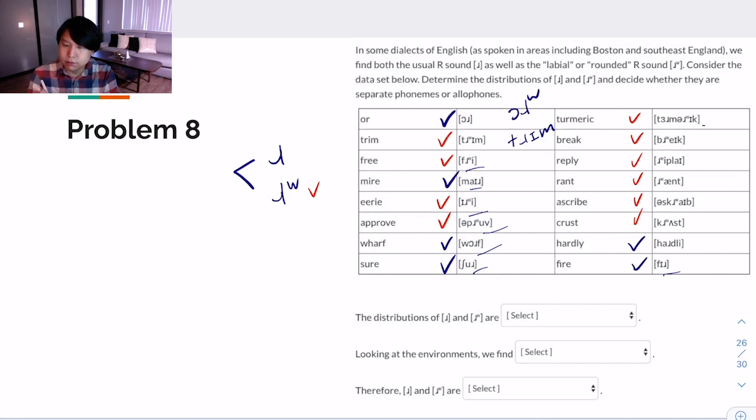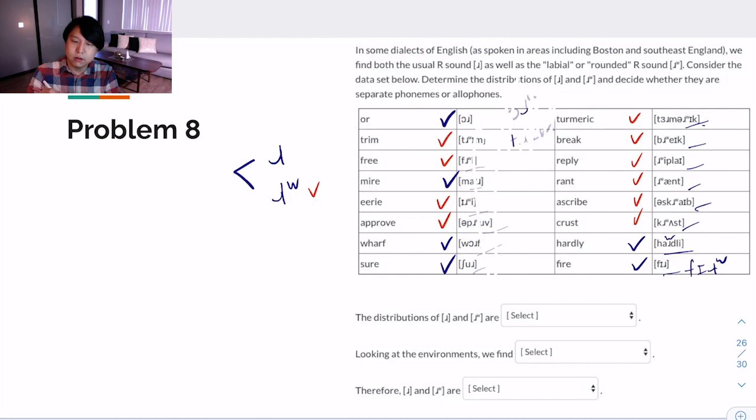Turmeric without W? No. Break without W? No. Replay without W? No. Rent without W? No. Ascribe without W? No. Crust without W? No. Hardly with W? No, there's no such thing. Fear with W? No, there's no such thing.